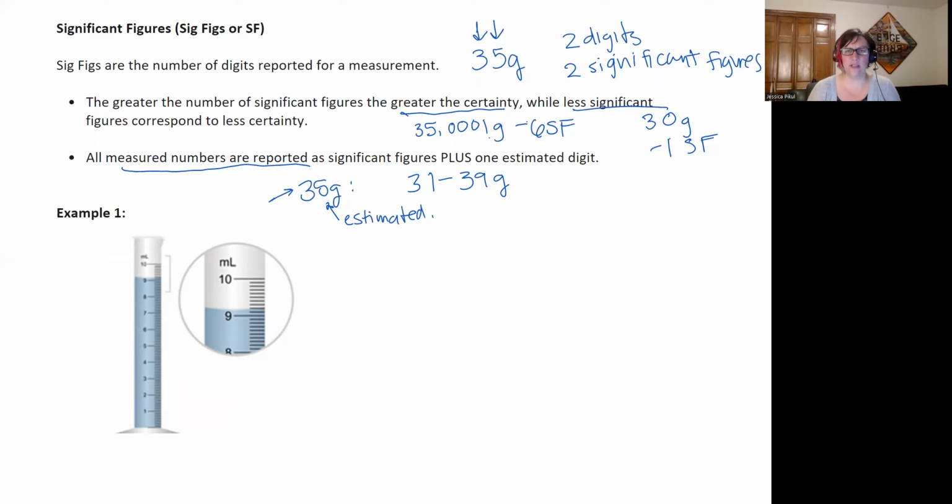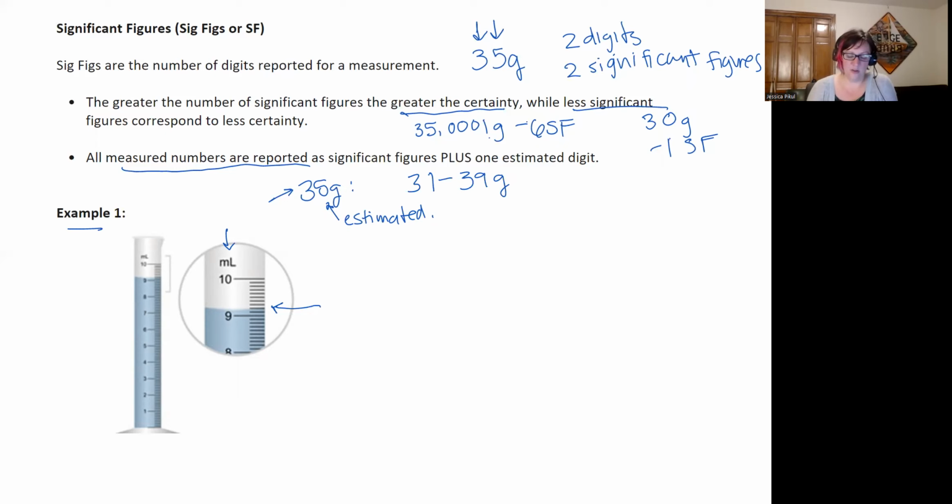So let's walk through another example. Here I have a graduated cylinder. This is a way of measuring volume, and my units right here are milliliters. So I know my unit of measurement for this physical property. I've blown up the area where the volume of liquid stops, and I'm going to try to read that and report a number.